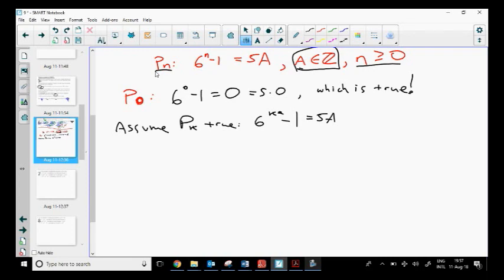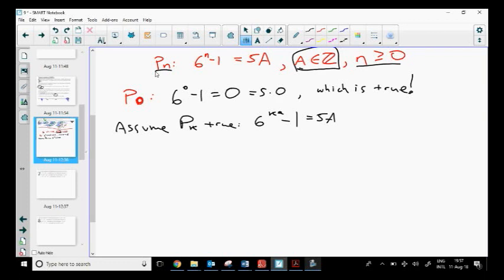The idea is that n is representing kind of like all values. That's really the variable. K is a specific value. I know it kind of looks like a variable because it's a letter, but I want you to think of it as just this actual specific value. We just don't know which specific value it is.